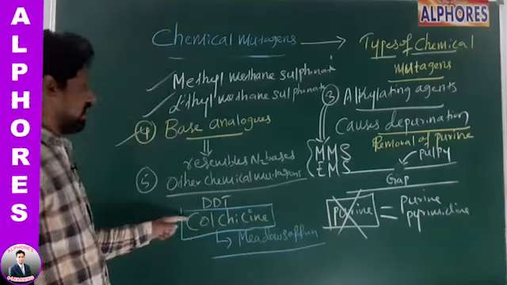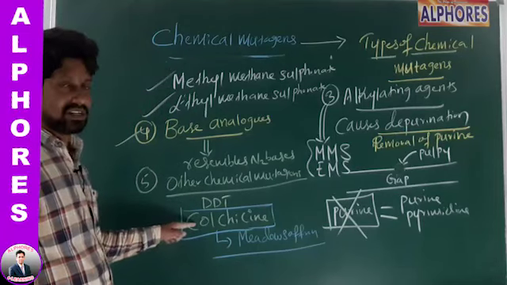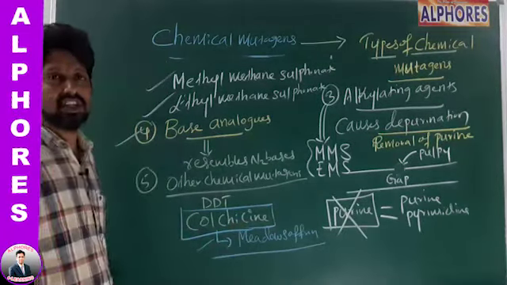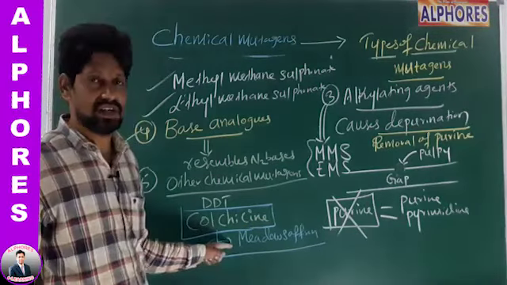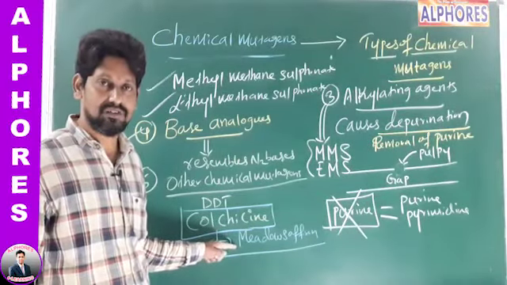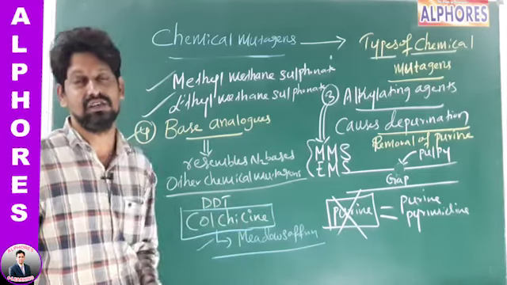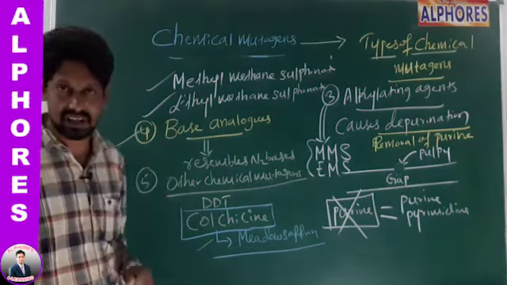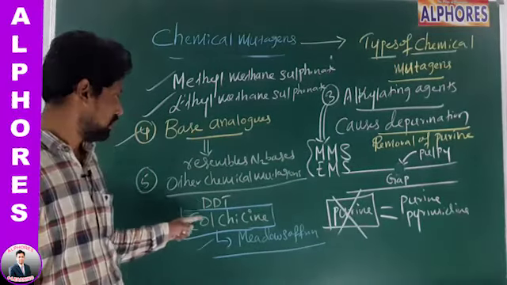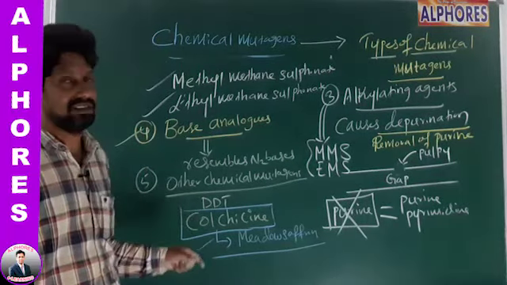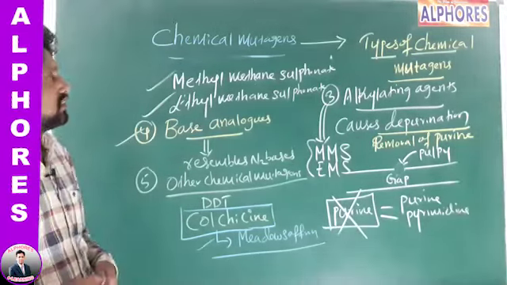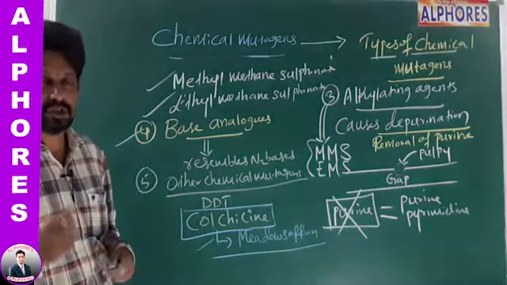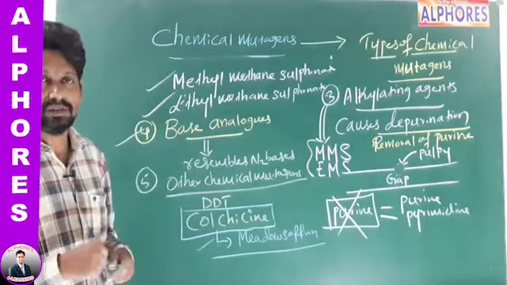This colchicine is a chemical mutagen, a mitotic poison extracted from Colchicum autumnale, the meadow saffron, which belongs to the Liliaceae family. Like this, many other chemical mutagens are there, but we discussed only two here, DDT and colchicine. Mutagens are of two types: physical mutagens and chemical mutagens.